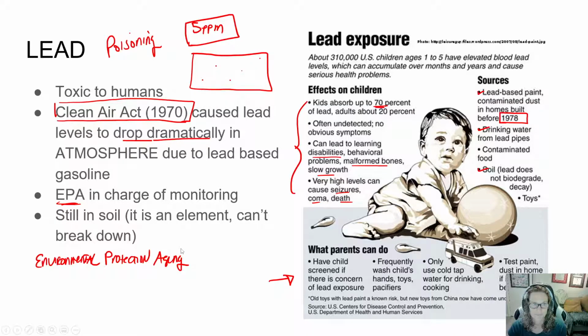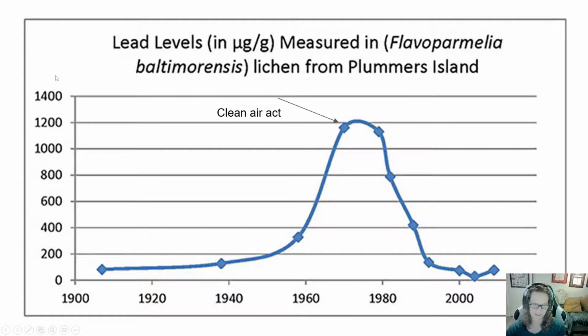Okay, so the cool graph here is we didn't really detect lead, but we noticed this spike with gasoline, leaded gas, and lead pipes. And a really interesting thing, I guess, is lichen. Remember lichen, the primary pioneer species from Succession?